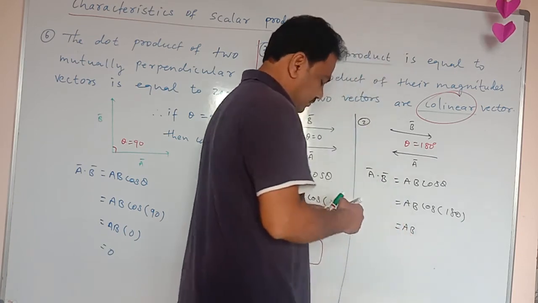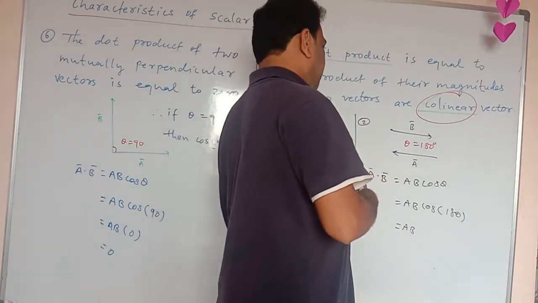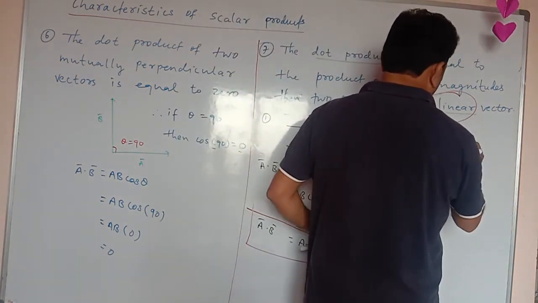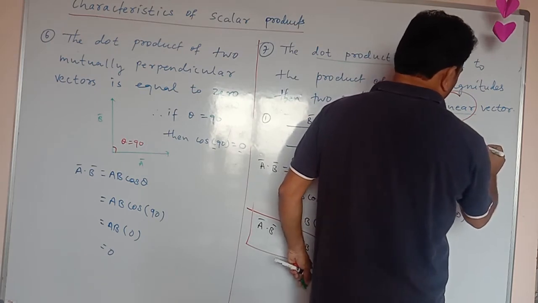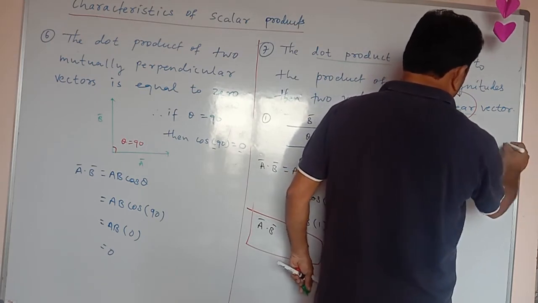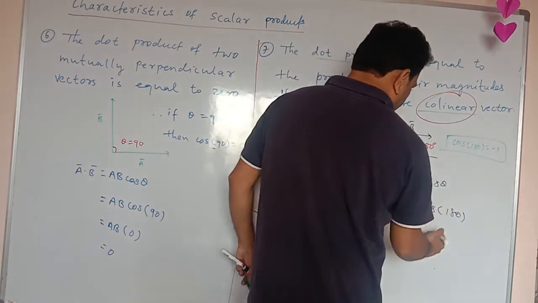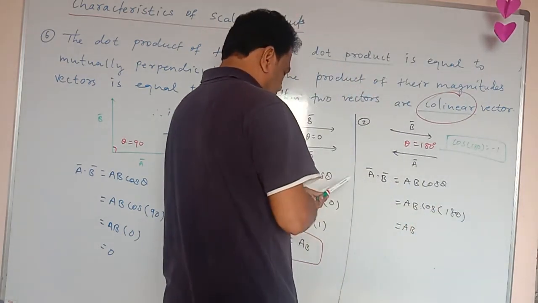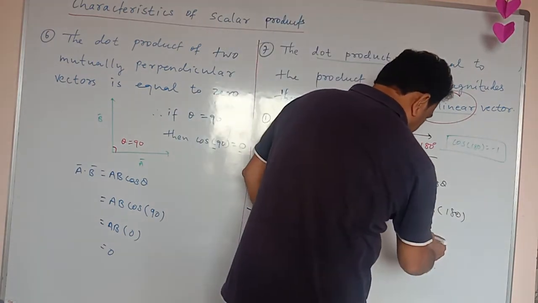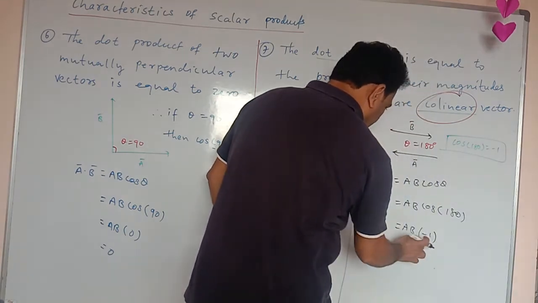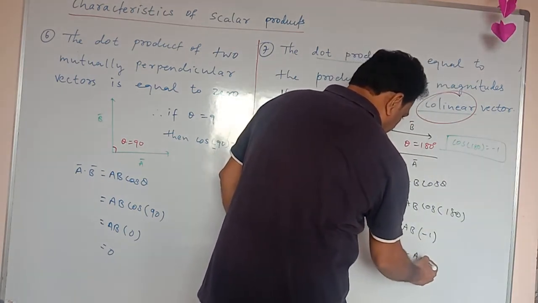What is the value of cos 180? The value of cos 180 is always minus 1. So instead of cos 180 we put minus 1, and the product AB times minus 1 is equal to minus AB.